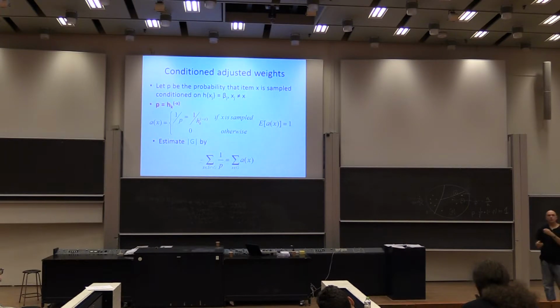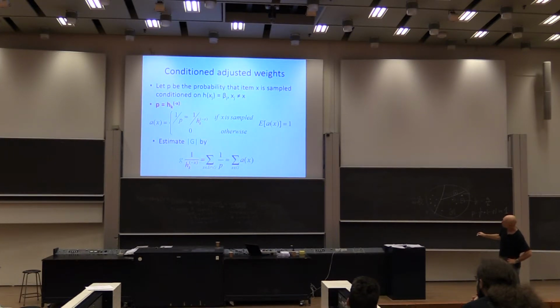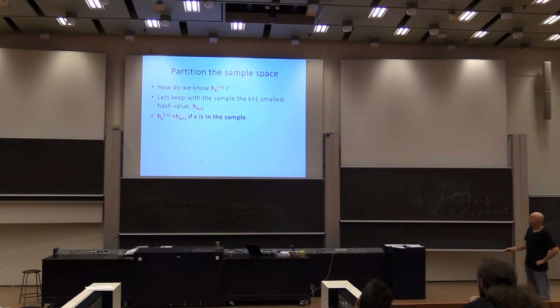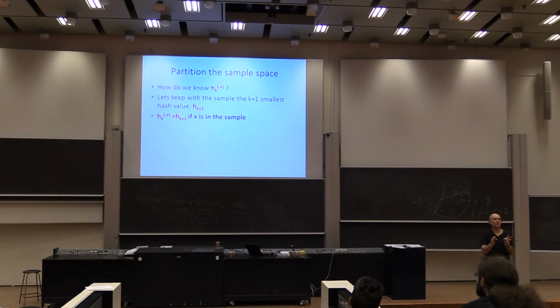So all I need to do to apply this scheme is, this would be my estimator, and in order to know this value when I'm going to estimate, I'm going to keep one additional hash value with my sample. So I'm going to change the sample. So far we just kept the smallest k, and I'm actually going to keep k plus 1, or at least the hash value of the k plus 1 smallest item.